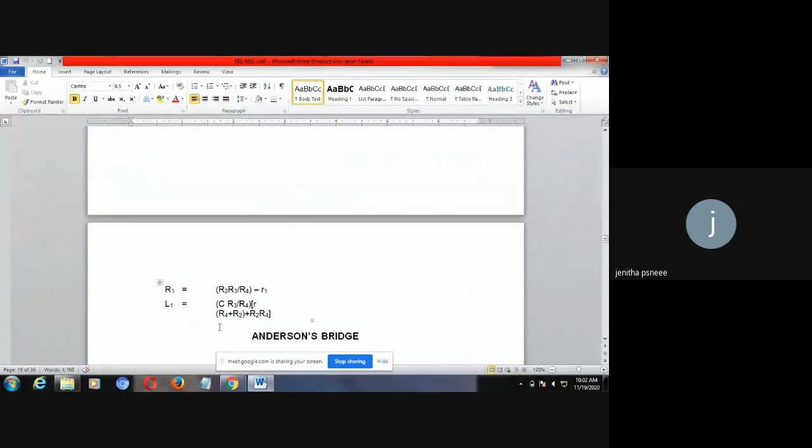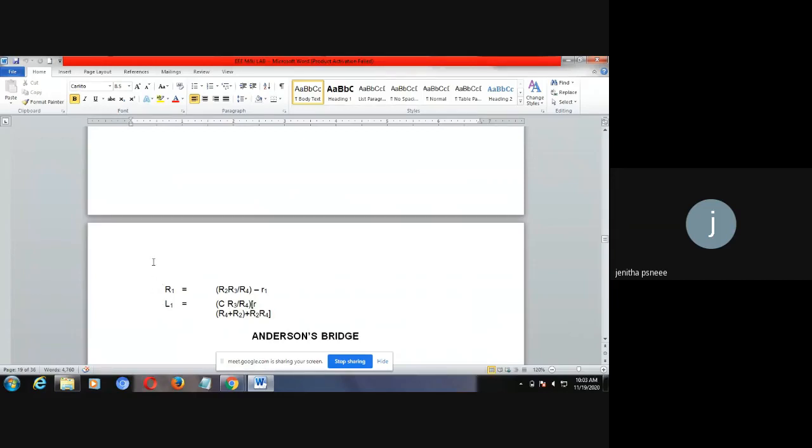In tabulation, you have to take the C, the R3 value, R4 value, and R2 value. Tabulate those values, and for every particular set of values, find the unknown value first. Then you have to set this in the circuit.